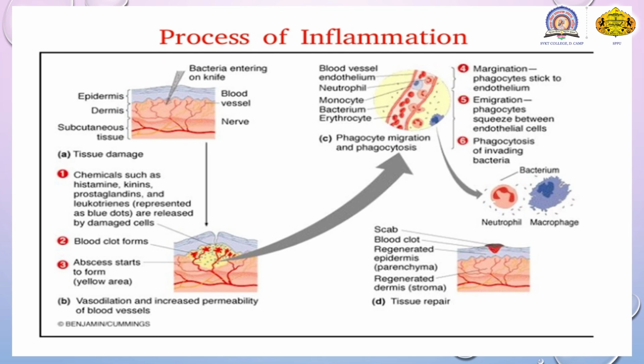So in between the gaps, these neutrophils or phagocytic cells start to ooze out. After oozing out, they leave the blood circulation and settle in the damaged tissue area, where they are no longer part of the blood.